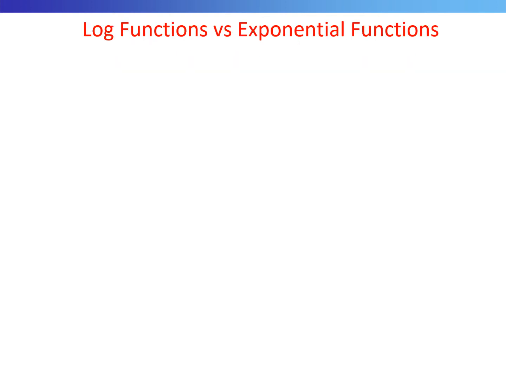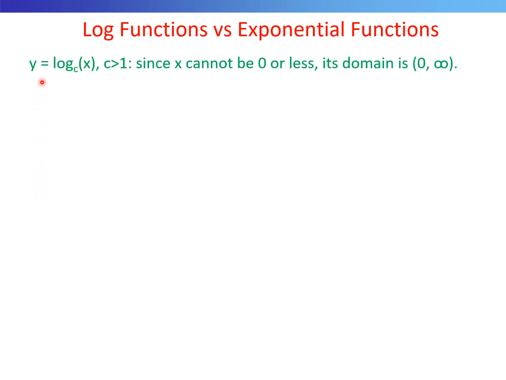It's time now for us to go ahead and compare two functions, the exponential function and the logarithmic function. Let us take a look at the function y equal to log to the base c of x when c is greater than 1. x cannot be 0 or less.